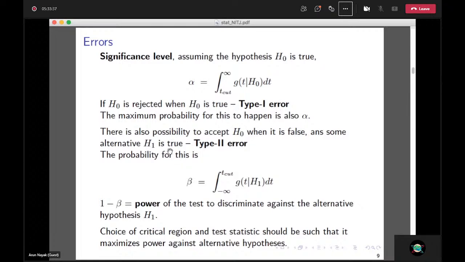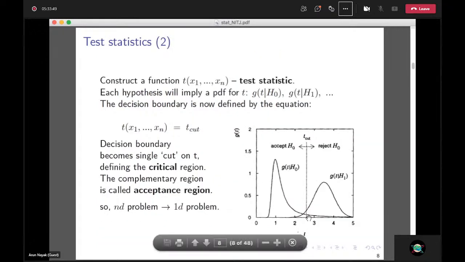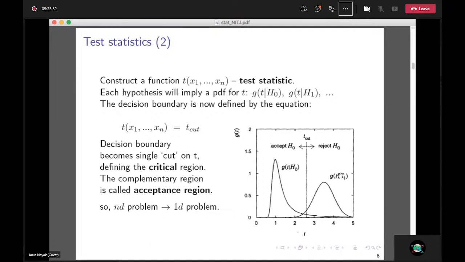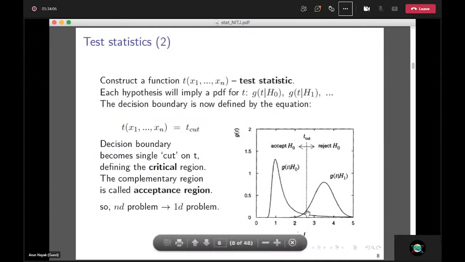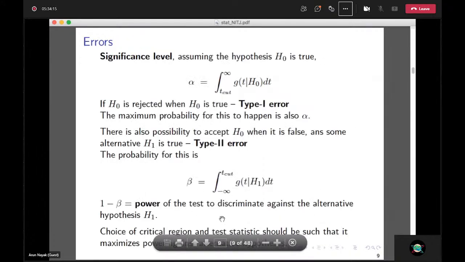In that case, the error that we make is called a type 2 error, and the probability for such an error is given by beta, which is integrating from minus infinity up to t cut of this PDF g of t given H1, the area under this second curve below t cut. And 1 minus beta, the area under this curve above t cut, is called the power of the test to discriminate against the alternative hypothesis H1.